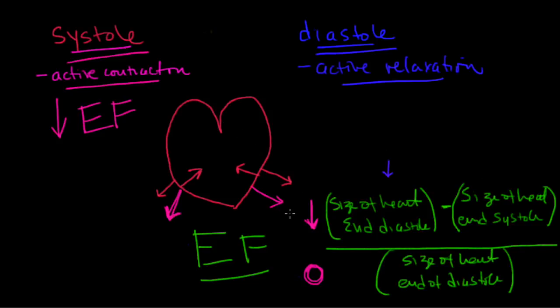And so therefore, what happens in this situation is this will stay about the same, or if it goes down, this also goes down. And so as a result, the ejection fraction in diastolic dysfunction is about the same. It doesn't change. And this distinction has been made with the new classification.